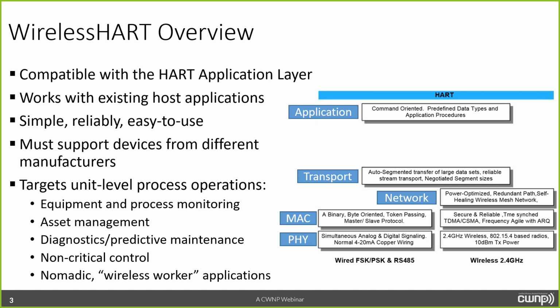It does target unit level process operations, and this means equipment and process monitoring, managing assets, predictive maintenance. If it's non-critical control, that's the primary target. The reason WirelessHART obviously is not aimed at critical control is, well, twofold. One, it's wireless in general.